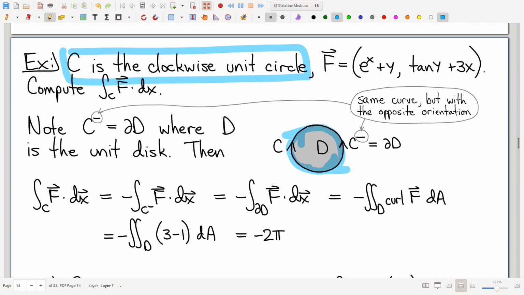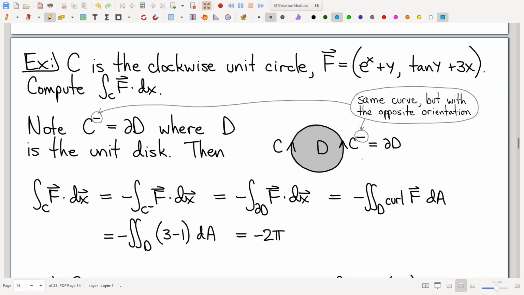The way we get around this is by turning this problem into a different problem. We're going to recognize that our curve, the clockwise oriented unit circle, that's our curve C, is closely related to the counterclockwise unit circle, which of course is a boundary. If I were to go counterclockwise, like I have indicated in green here, all the way around, of course, that literally is the boundary of this solid disk on the inside.